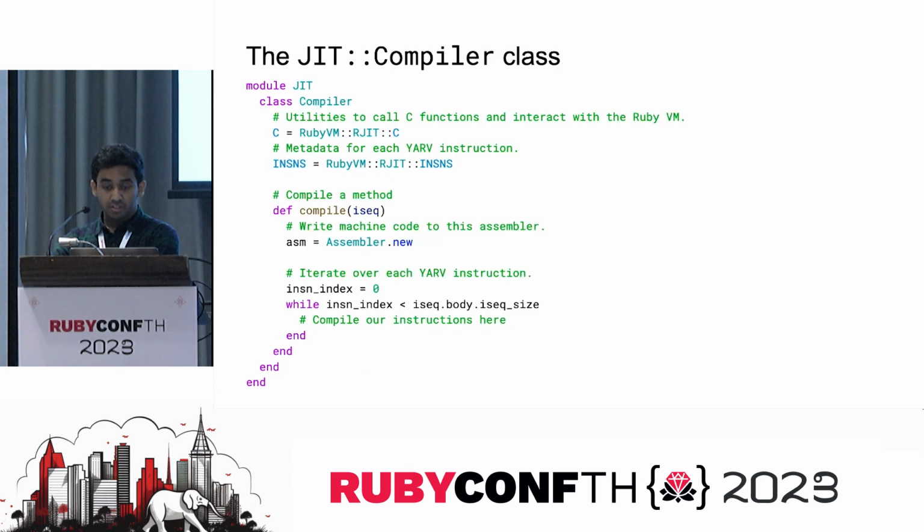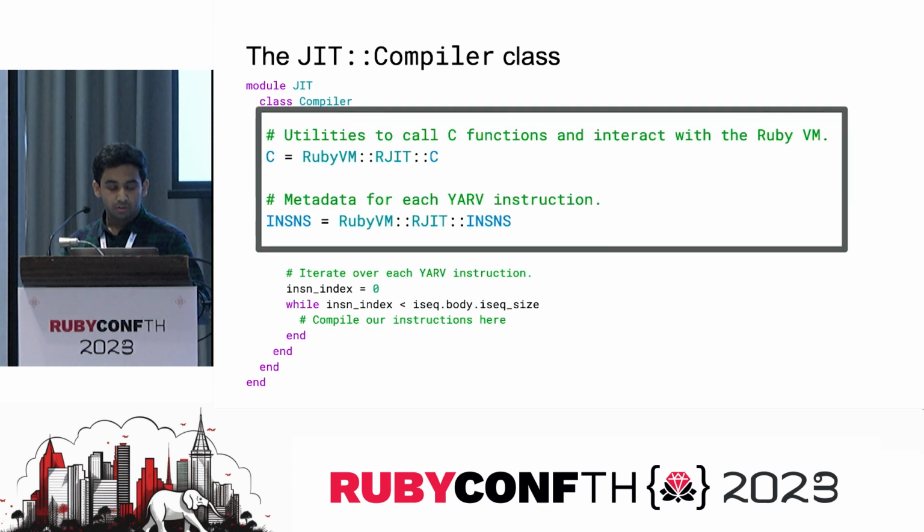All right, so there's a lot going on here. I need you to focus on two things. First off, are these constants. One is C, which provides you utilities to convert your values into something that the machine code understands. And the other one is INSNS, which is simply a utility for fetching your YARV instructions and then using them as a simple object.